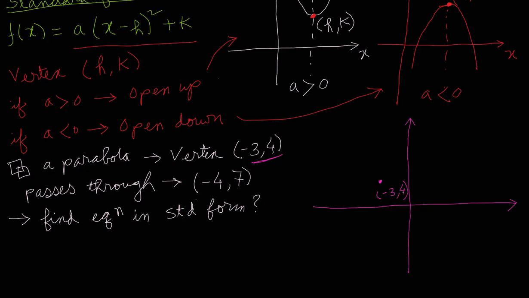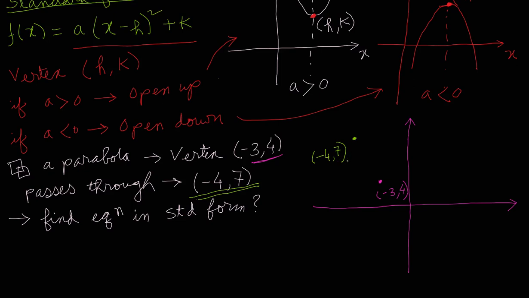Also my parabola passes through the point (−4, 7), which is somewhere here. So these are the two points: the vertex (−3, 4), and the parabola passes through (−4, 7).